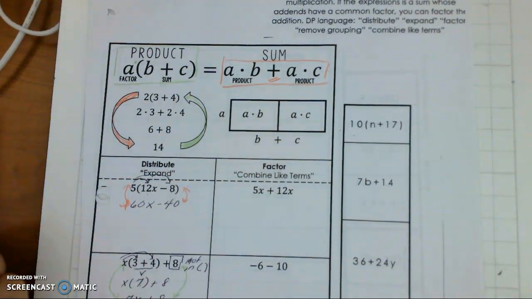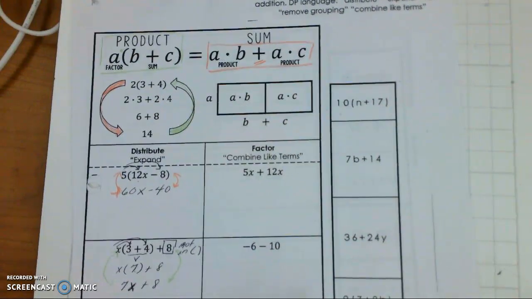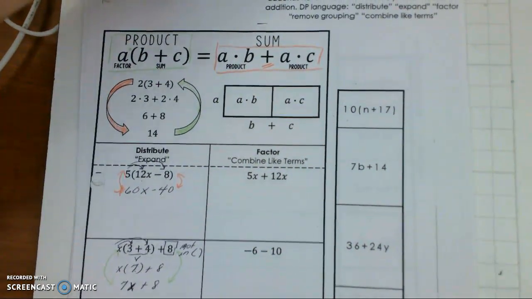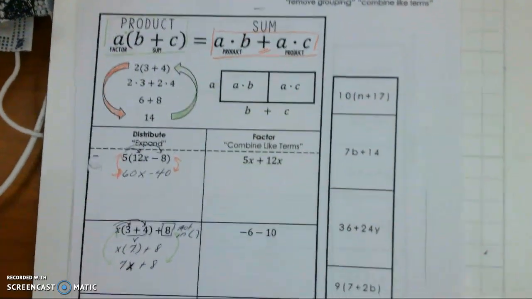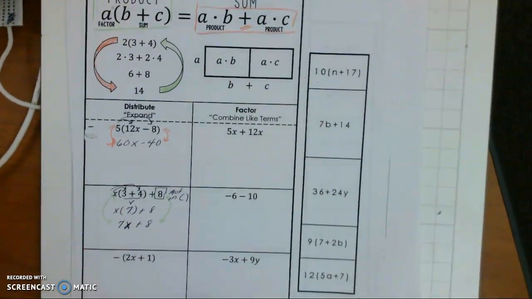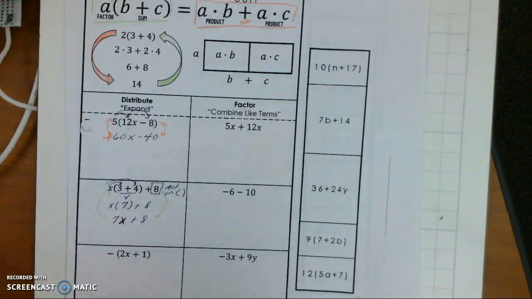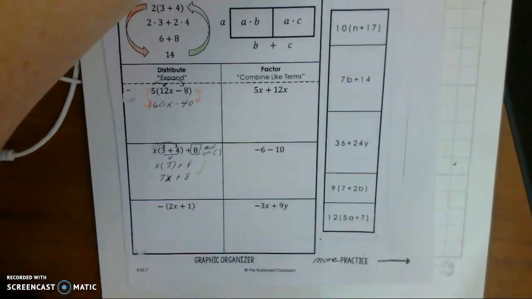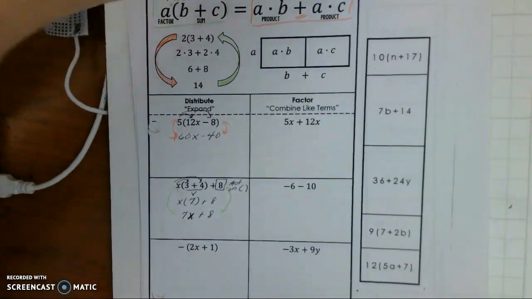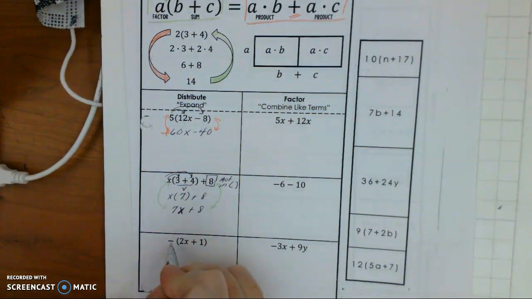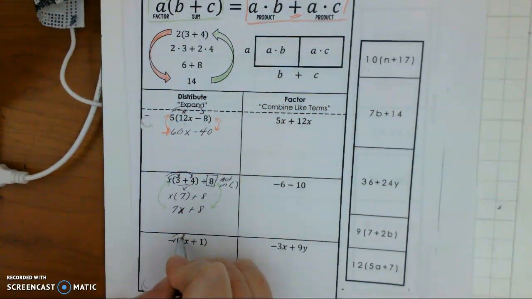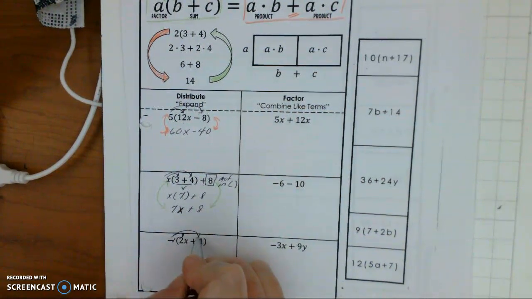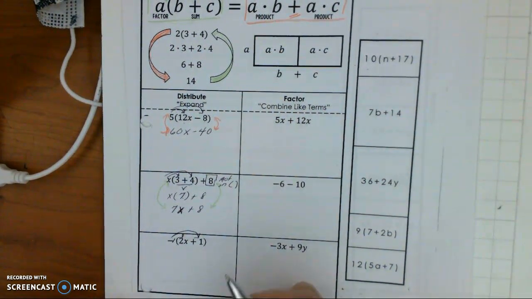Now the next one, whenever you see just a minus sign, let me bring this up so you can see it. Okay, there we go. Thanks for your patience. This will be a 1. You always put a 1 there. So it's 1 times 2x and 1 times plus 1.